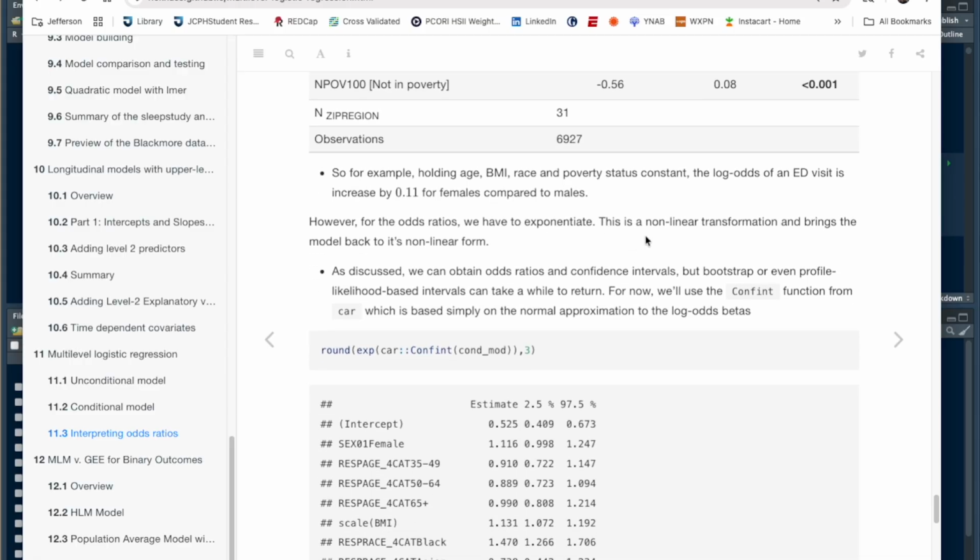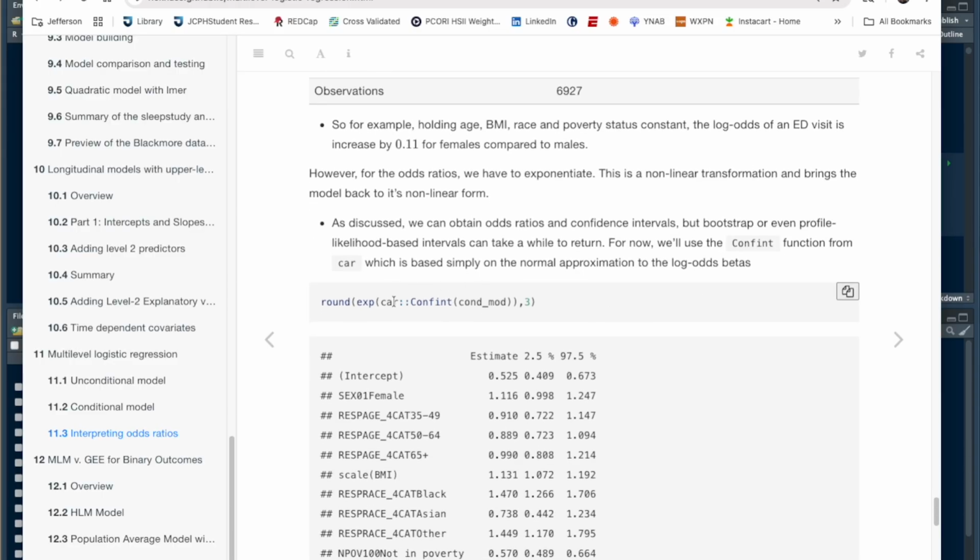This is a nonlinear transformation, and because of the nonlinearity, it becomes important to qualify these as cluster specific. We can again get confidence intervals in the usual way by exponentiating the ones that come from the ordinary model. So again, let's pick out BMI.